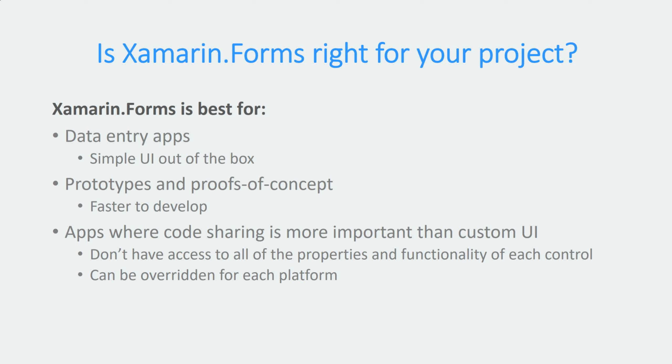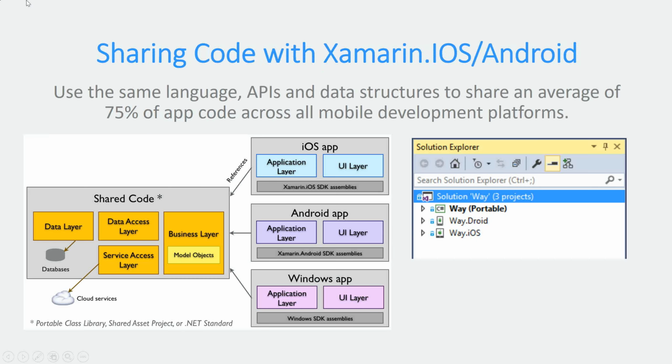So let's look at how Xamarin iOS and Android works. I don't know if you can see my cursor here. You have your iOS app where you create your UI and your application layer. Android and Windows, same. So all those are separated, but your data layer, your data access layer, your service layer, or your business layer are all shared within those apps.